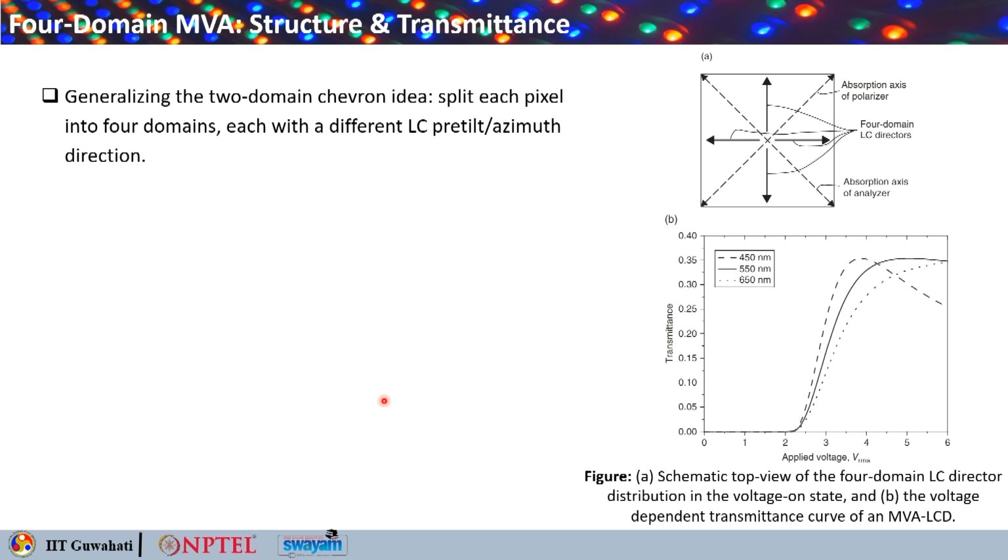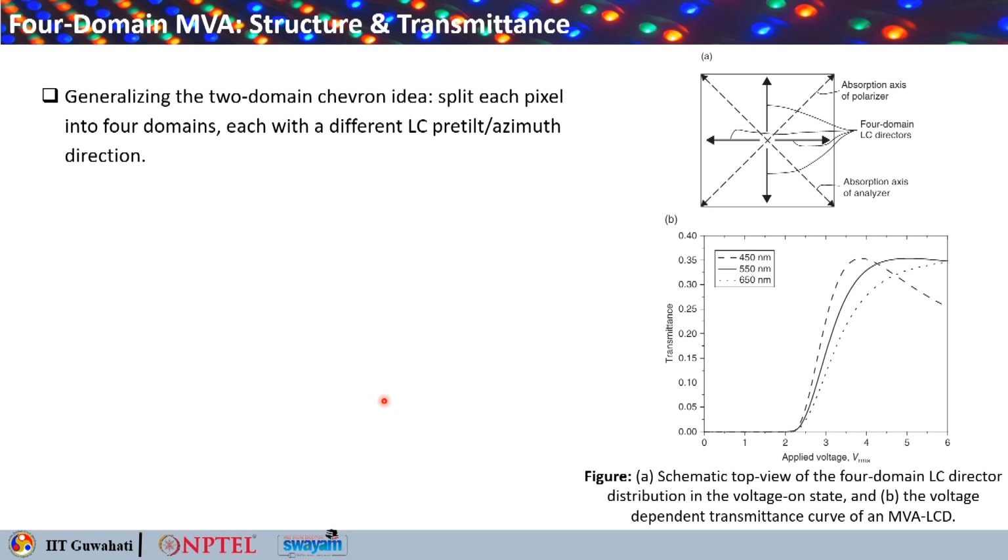So this slide discusses the core structural idea of the multi-domain vertical alignment and its main commercial variants. Here you can see the 4-domain multi-domain vertical alignment, or MVA, structure and the transmittance curve.